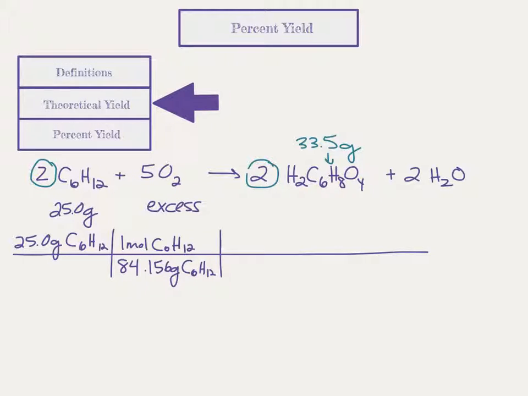It looks like they have a 1-to-1 ratio, but for good measure, I'm just going to write out all of the ratios. That way in the future I don't get into the habit of forgetting my ratios.